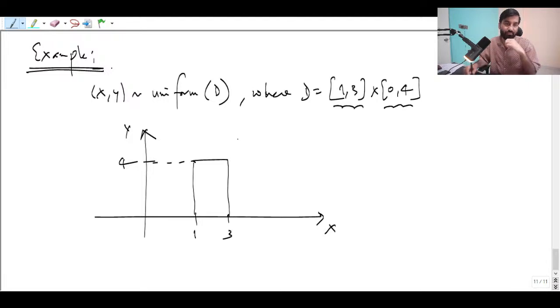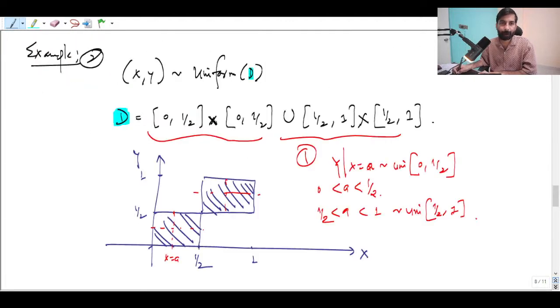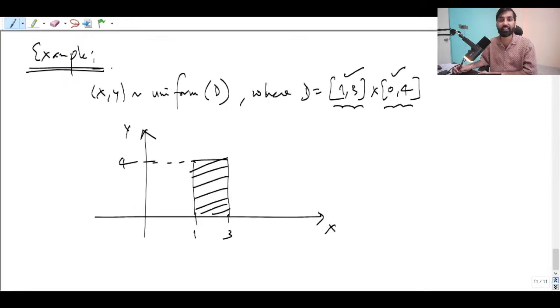How to sketch that, please remember. I hope this makes sense, right? So it is also again uniform. If you take X equal to a, it is going to be uniform only, yeah? This is for X and this is for Y, this is for X, this is for Y. These ranges, right?